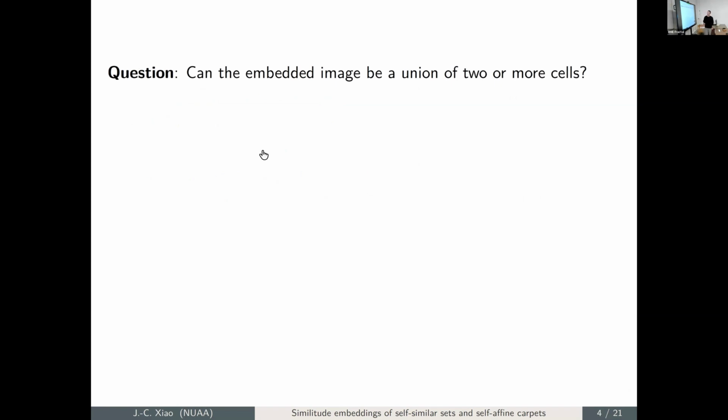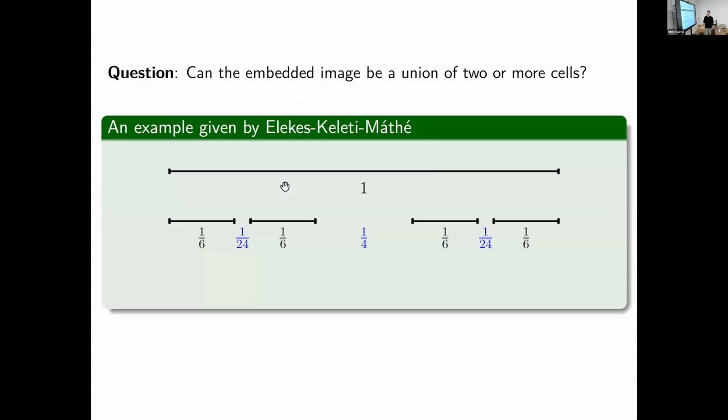Before stating a pioneering result, let us ask ourselves a simple question. Can the embedded image of a self-similar set K be not exactly one cell, but a finite union of two or more cells of that self-similar set? And the answer is yes.